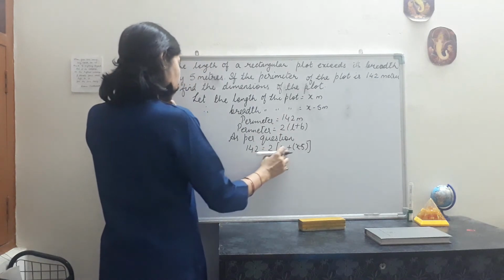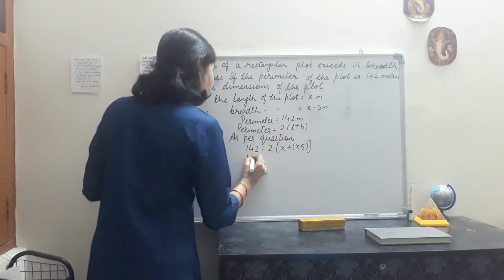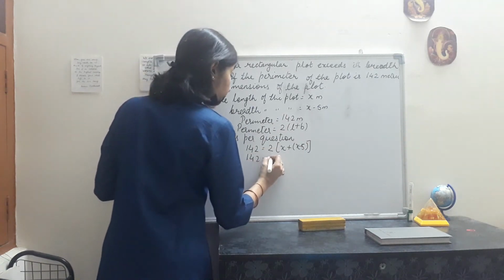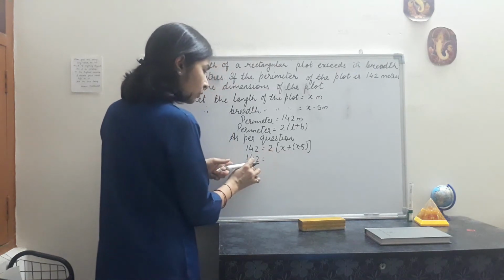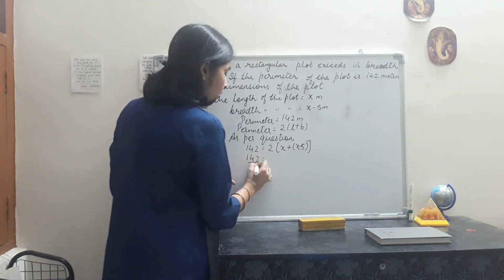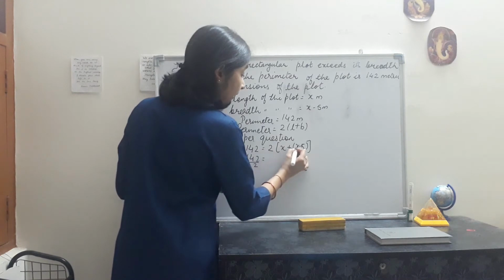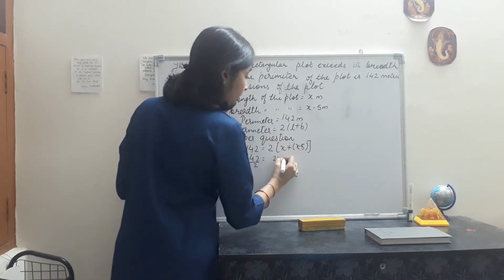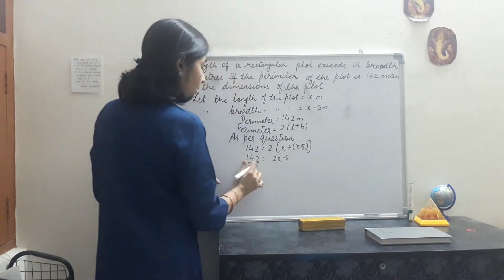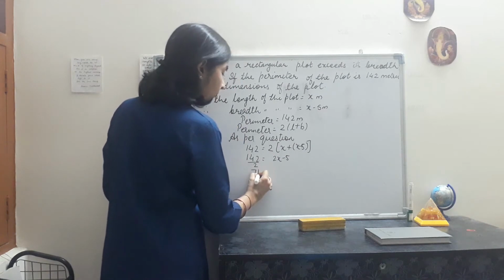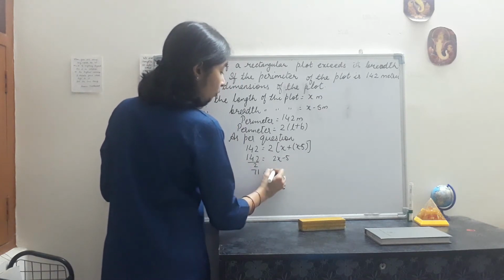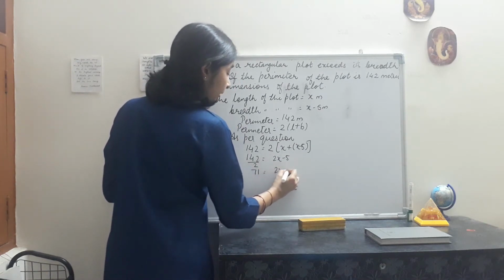Now we can directly divide by 2 here. So 142 upon 2 is equal to, now x plus x gives us 2x minus 5. So here we get 71 is equal to 2x minus 5.